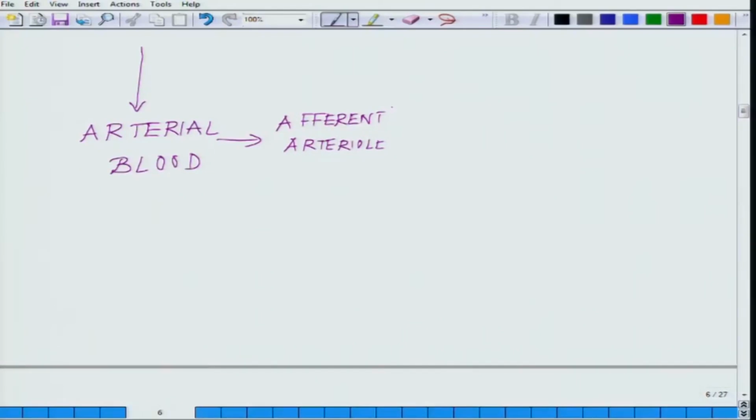The afferent arteriole moves into the glomerulus structure, which is basically the nephronal structure, and then from there it moves on to the efferent arterioles.